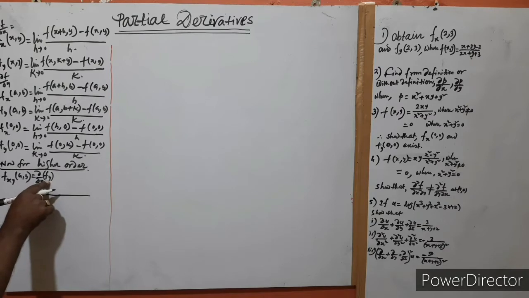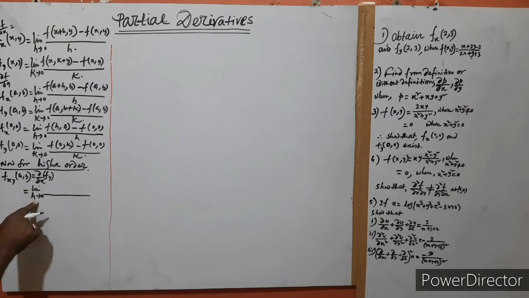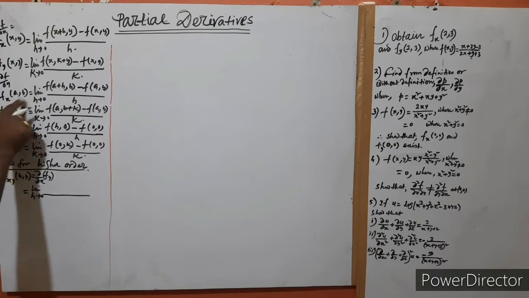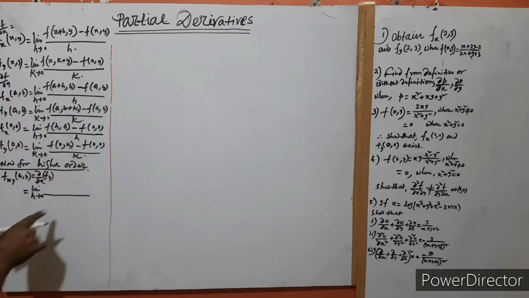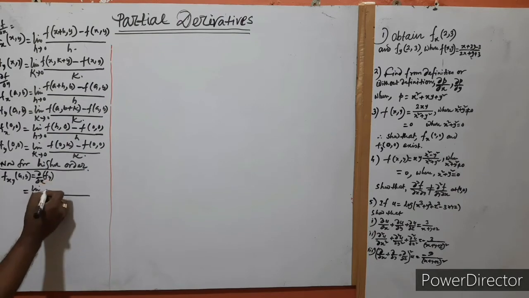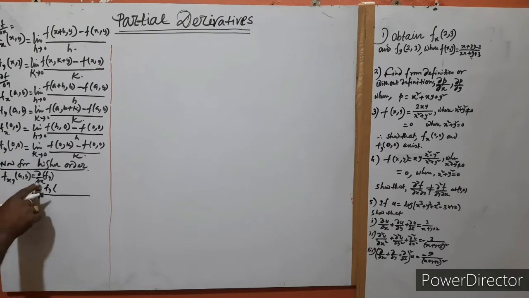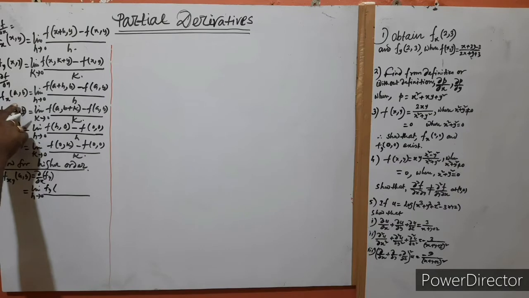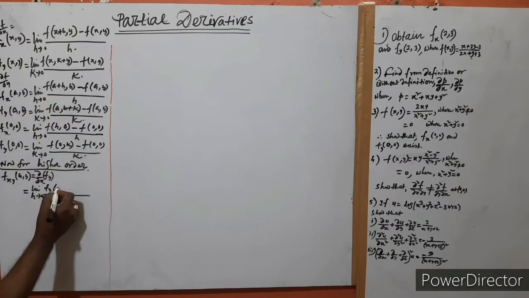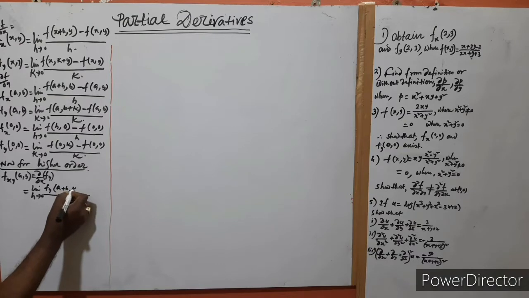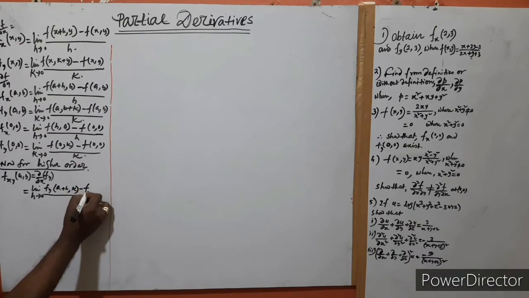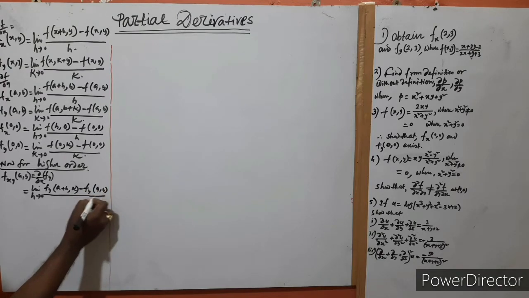In place of the function f at a comma b, we write this formation with suffix y: f suffix y at a plus h comma b plus k, minus f suffix y at a comma b, divided by h.